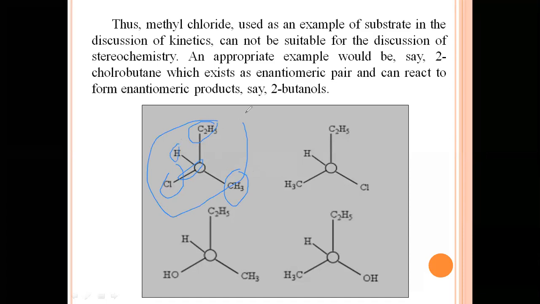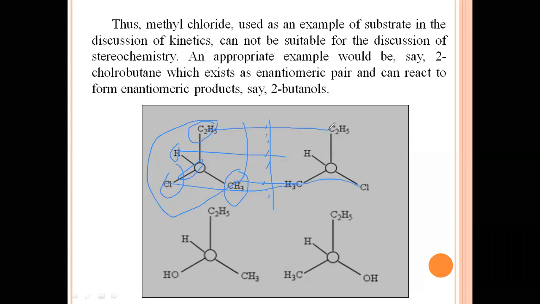And it has an enantiomeric pair. If you draw an imaginary line here and consider it as a mirror, then you can see that they are exactly the mirror images of each other.